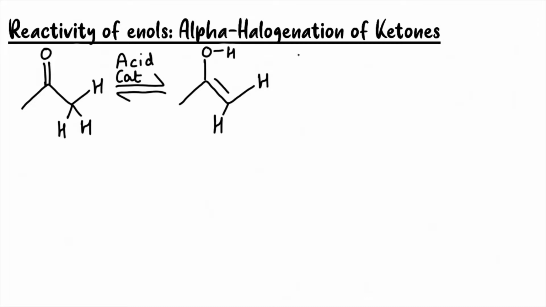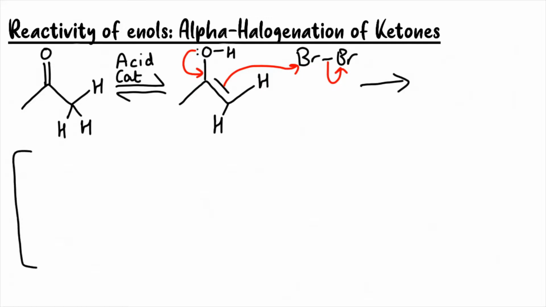Now, because the double bonds are electron rich, enols behave as nucleophiles and are effectively very reactive alkenes. So they react with electrophiles, in this case bromine, which now gives us a resonance stabilized carbocation with two resonance forms.